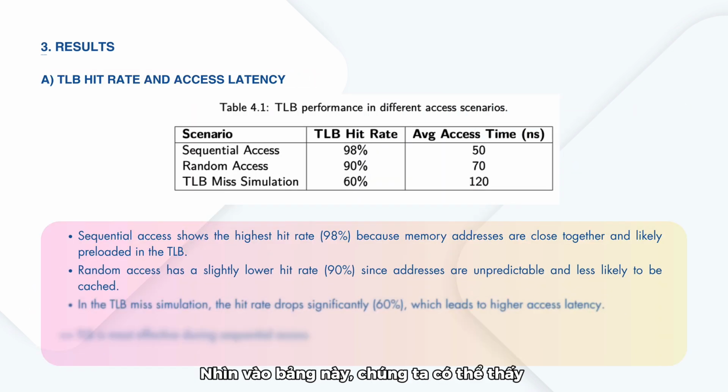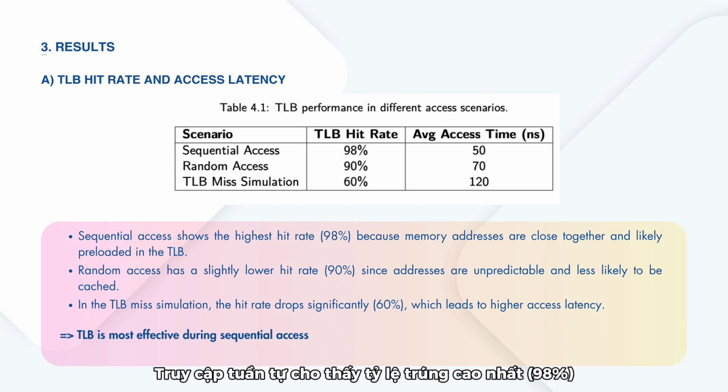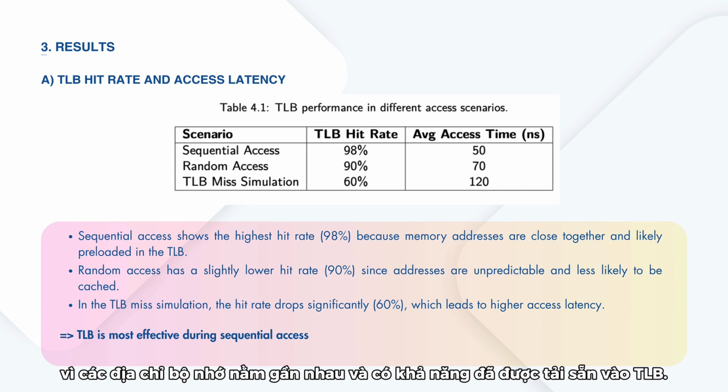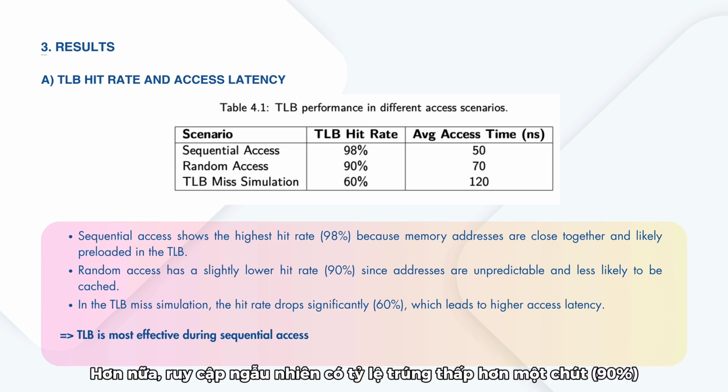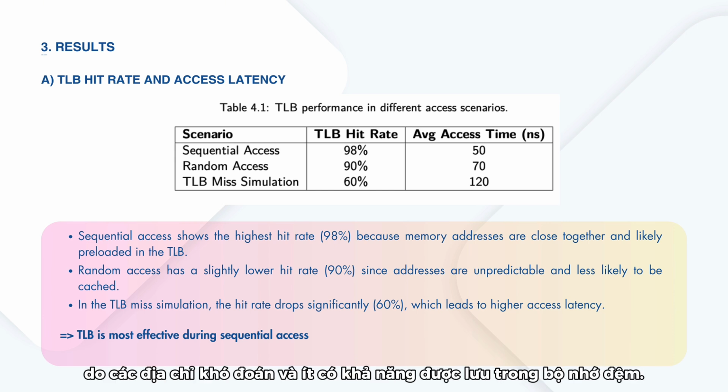Looking at this table, we can find that the sequential address shows the highest hit rate, 90%, because the memory addresses are close together and likely preloaded in the TLB. Moreover, random addresses have a slightly lower hit rate, since addresses are unpredictable and less likely to be cached.